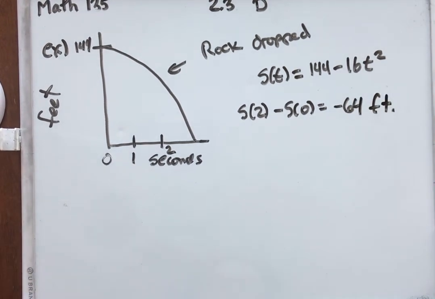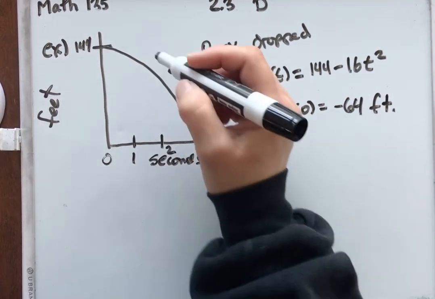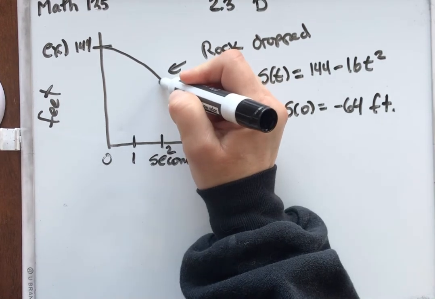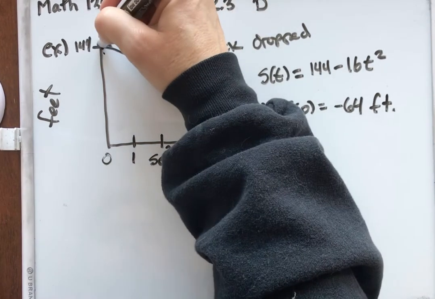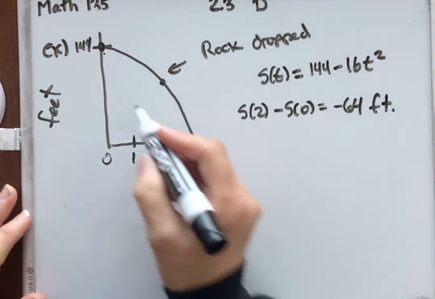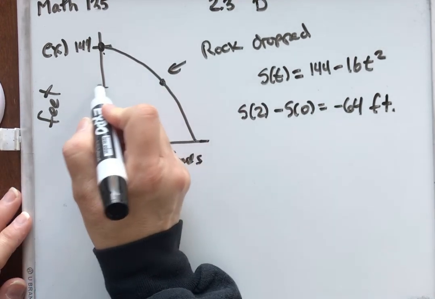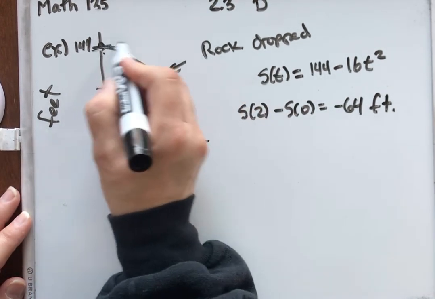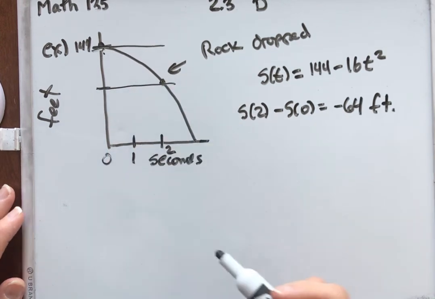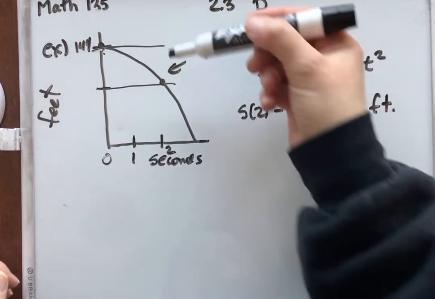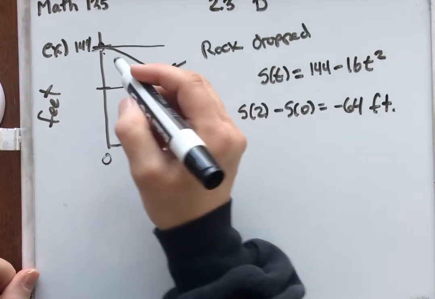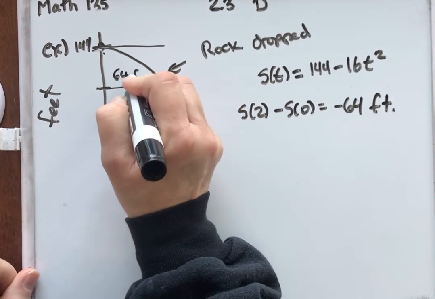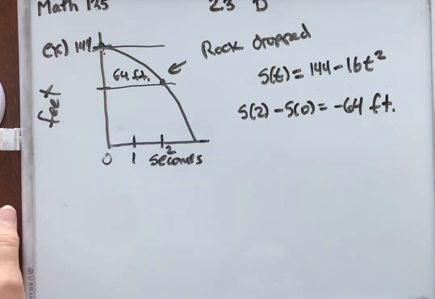So we're looking at S of 2 right here, and S of 0 right here. This represents the distance of how far the rock dropped, and that's 64 feet.